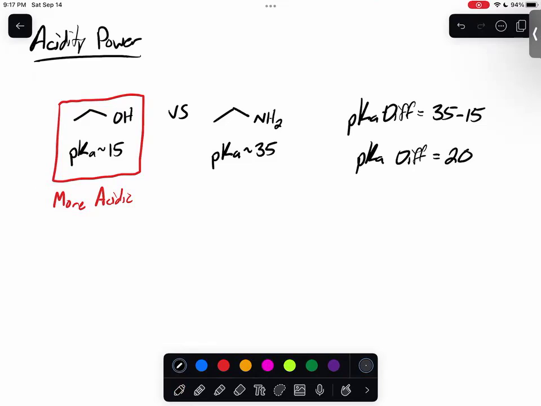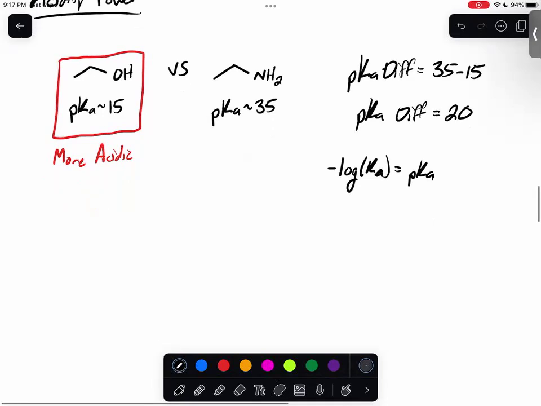Because remember that when we're talking about pKa's, it is the negative log of the Ka, right? And so if you do some conversions, what you'll find is that the Ka is 10 to the negative pKa. And so what that means is that instead of just being 20 times more acidic, it is 10 to the 20th times more acidic.